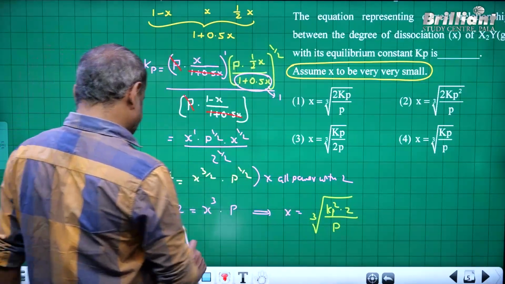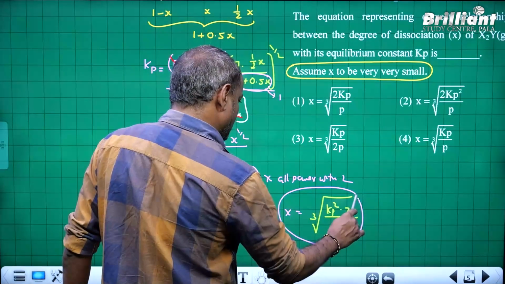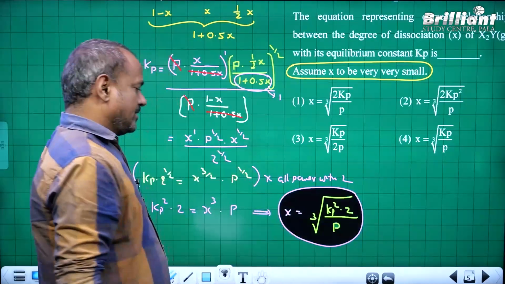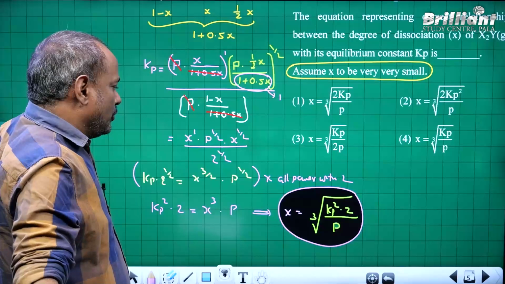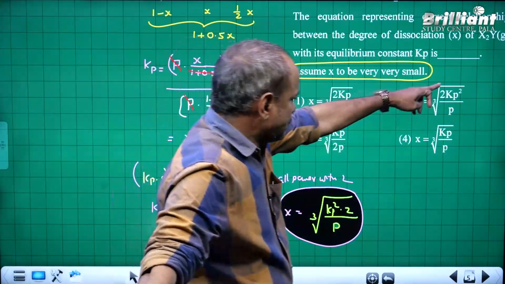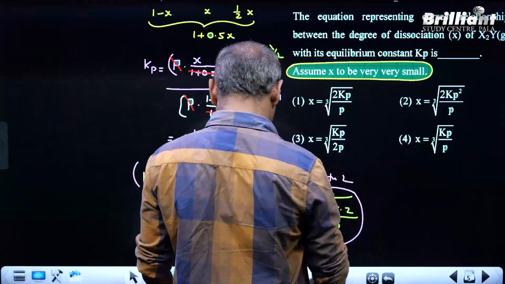So that is the final answer. X equal to cube root of Kp square 2 by P. That is 2 Kp square by P cube root of. That is option 2.